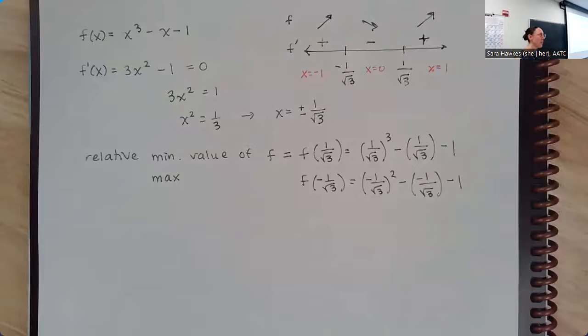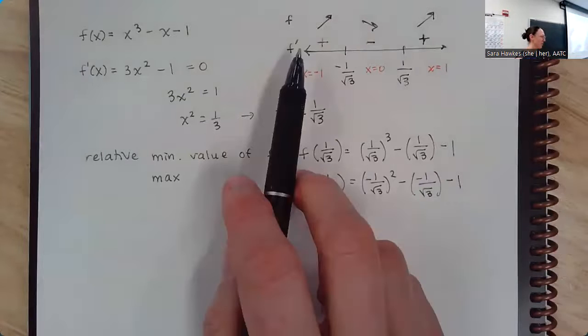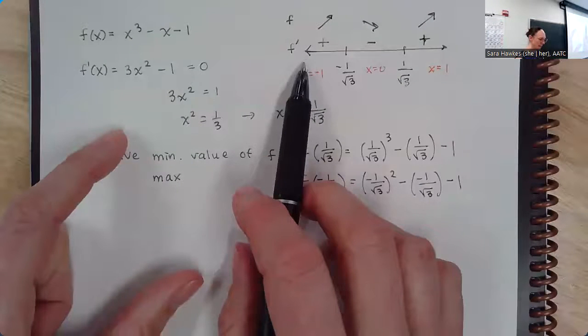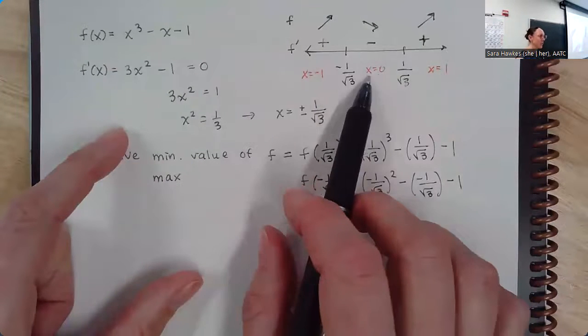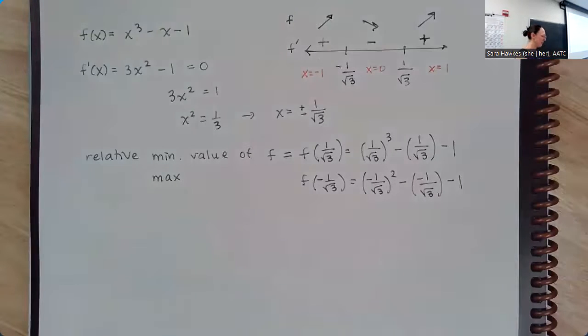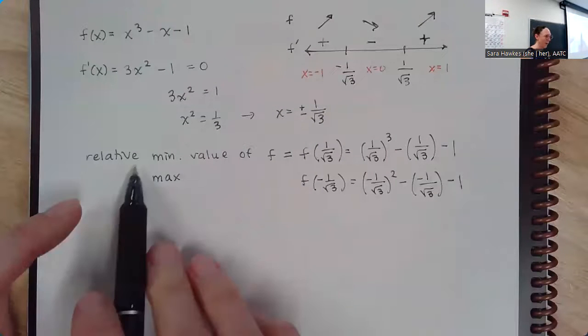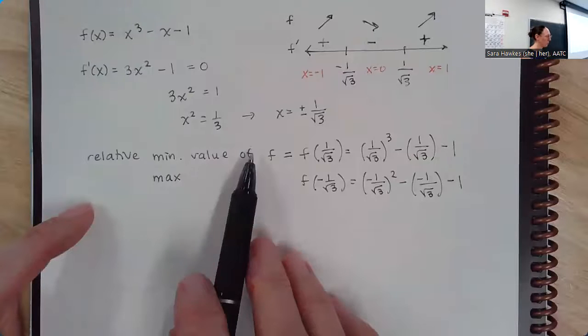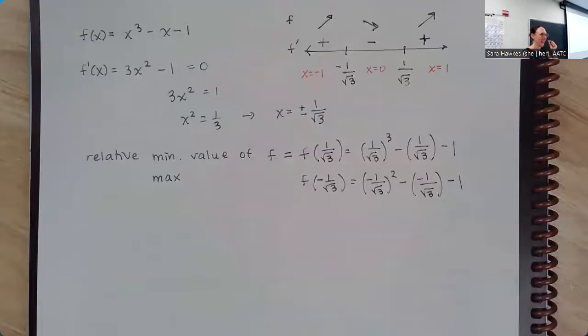In terms of how you actually find the x values, you're going to find those x values by using the first derivative. And so when you're doing those test points, they go into the first derivative. But to report the final answer, just be careful about how the question is phrased. It might be enough to just give the x values, right? And say there's a relative minimum when x equals positive 1 over root 3. But if the question asks for the value of the function, just make sure you give the value of the function.